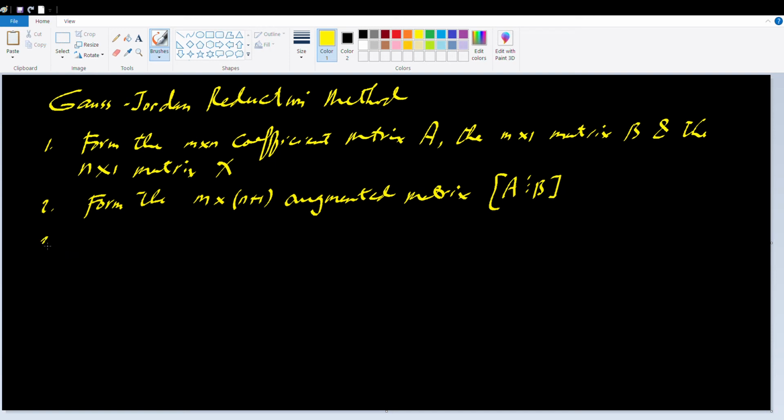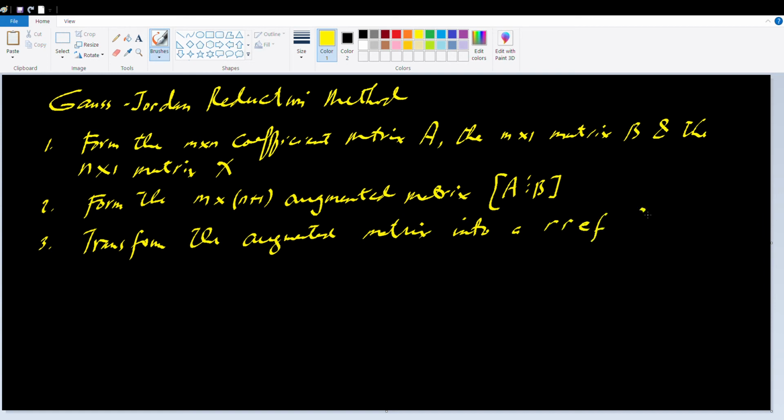The third step is to transform the augmented matrix into a reduced row echelon form, which we are going to denote by [C D], using elementary row operations.